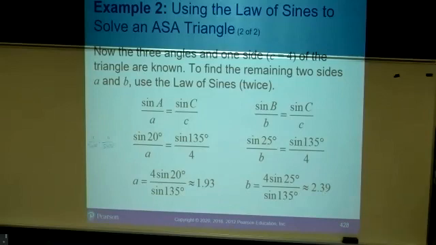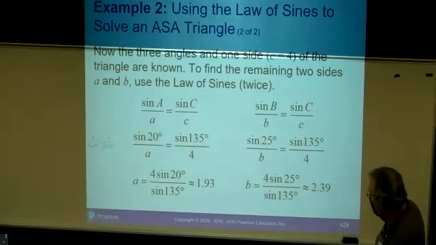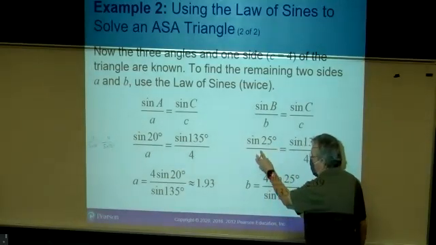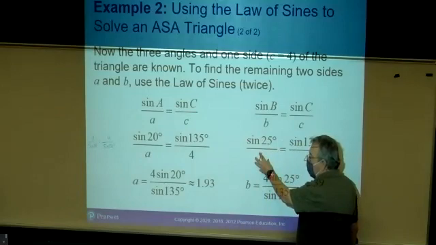So the hardest part, I think, for people in working these problems, at least that's the experience I've noticed in the past, is most people can set these up correctly, but then finding the missing value is where the mess up happens.